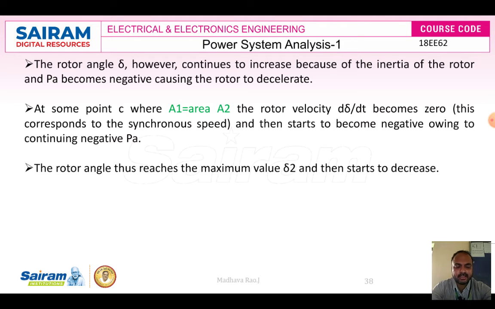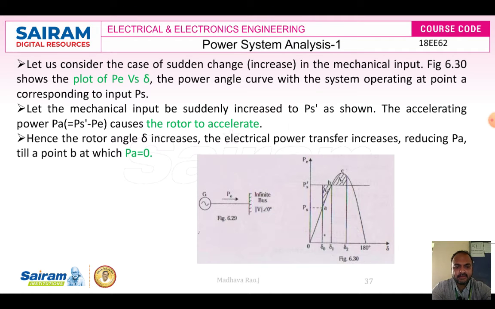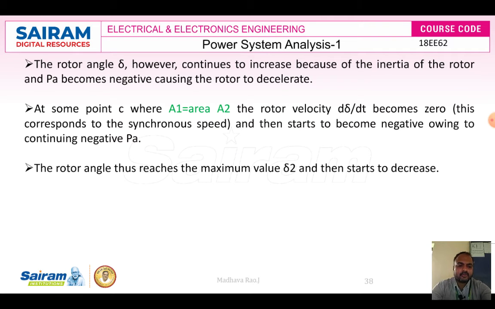So it accelerates and then decelerates. At point C in this graph, area A1 equals area A2, and the rotor velocity d delta by dt becomes 0, corresponding to the synchronous speed.